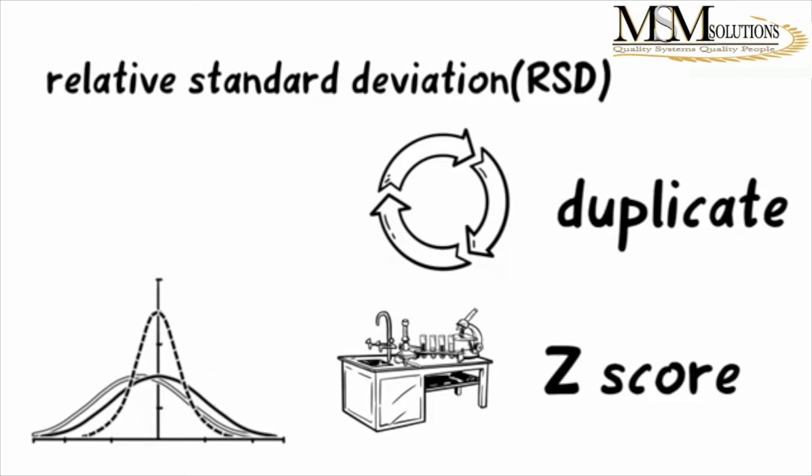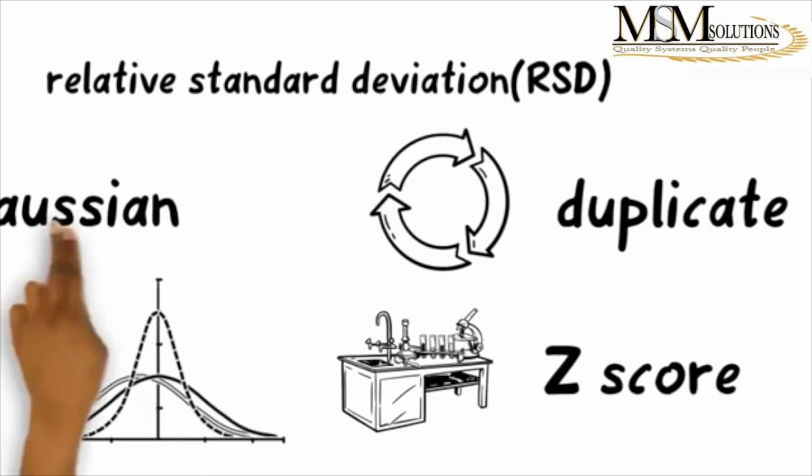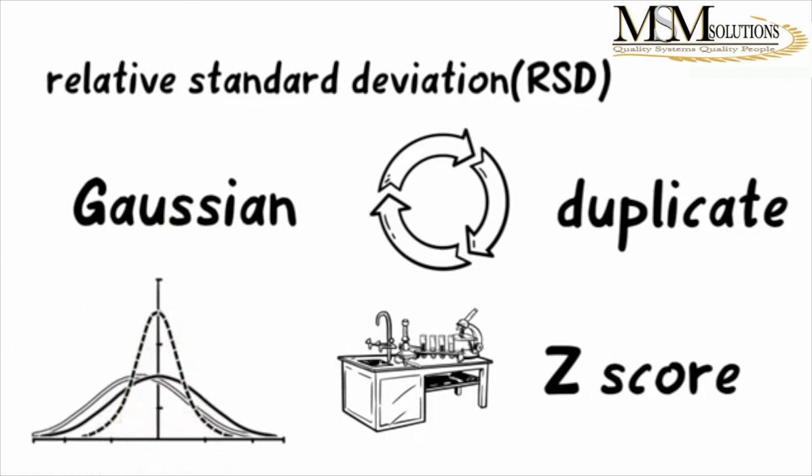You've heard of normal distribution, you've heard of the bell-shaped curve, you've heard of the Gaussian curve or Gaussian graph, and we need to understand this probability theory. Where does it all come from and how do we use it?